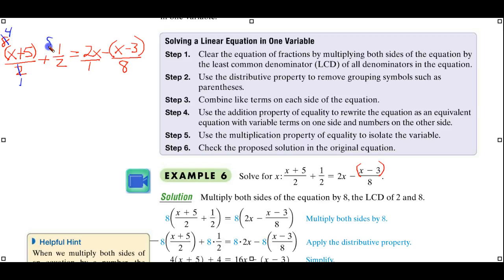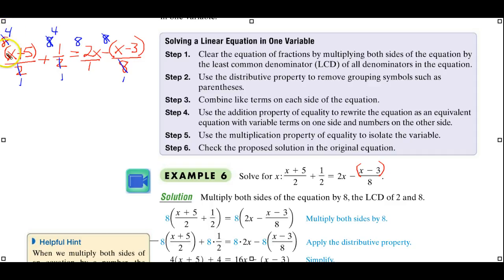Well, I didn't write my 8 by every term either, so I better do that. 2 will go into 2 once, into 8 4 times. Here there's no cancellation, but here the 8's cancel out completely. So now there's a 1 under each of our denominators.